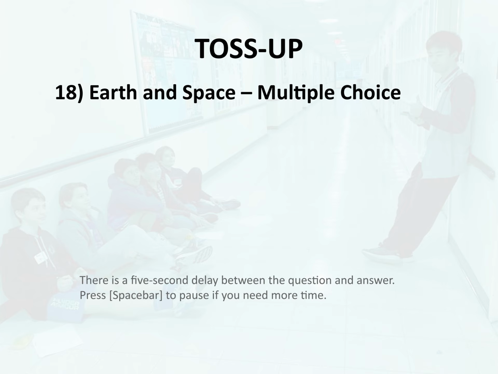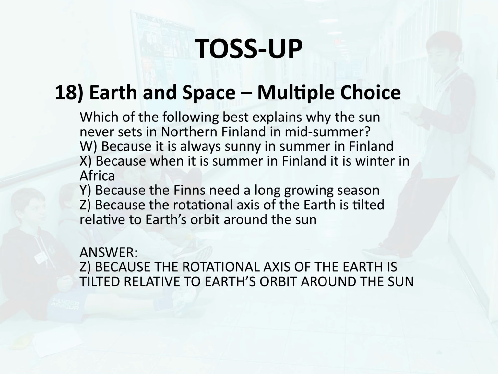Y. Because the Finns need a long growing season. Z. Because the rotational axis of the Earth is tilted relative to Earth's orbit around the Sun. Answer: Z. Because the rotational axis of the Earth is tilted relative to Earth's orbit around the Sun.